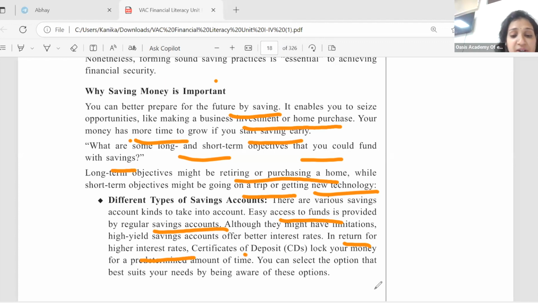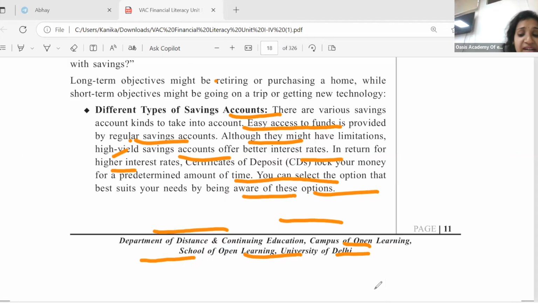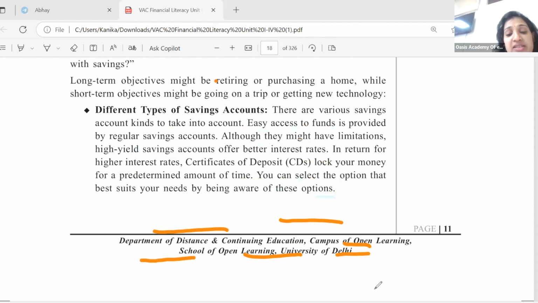Then you have certificates of deposit, which lock your money for a predetermined period. Different people prefer different types of savings. One may want to lock funds for some period, say 1 year or 2 years. Some say they want to lock it for 5 years or 10 years.